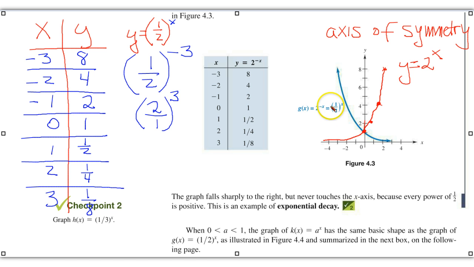This one will be y equals 2 to the negative x power, which we said was y equals 1/2 to the x power. And there we see that one is sort of the mirror image of the other.